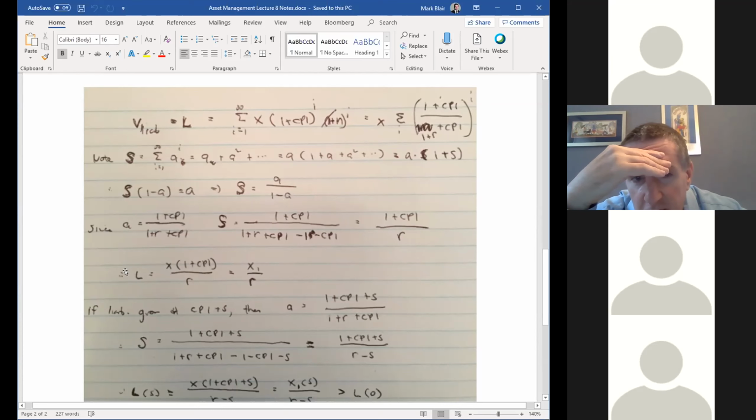You can write it even more elegantly: the value of the liabilities is next year's cash flow divided by the real yield.